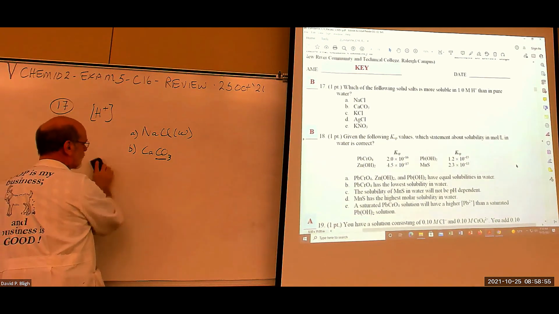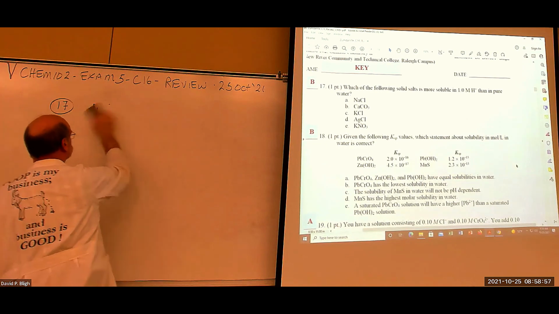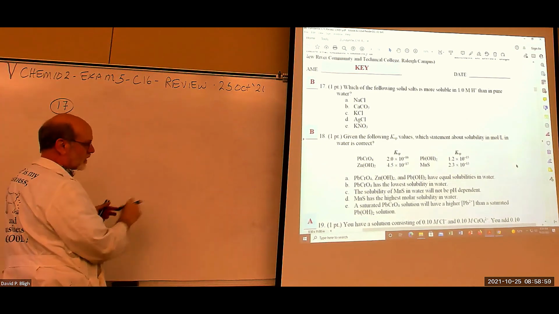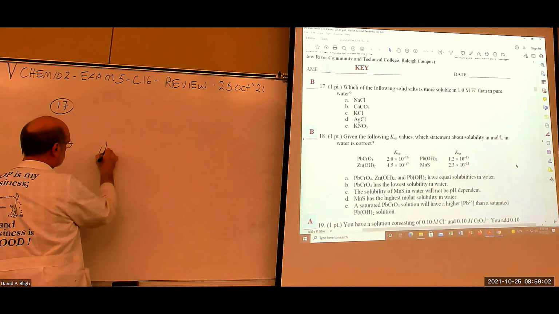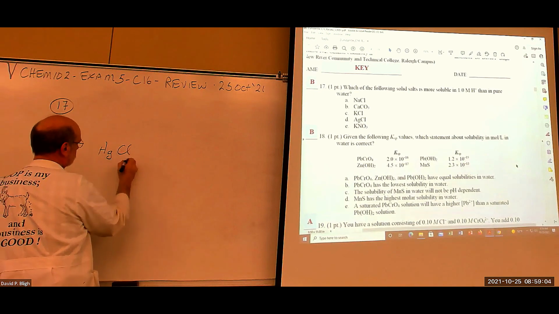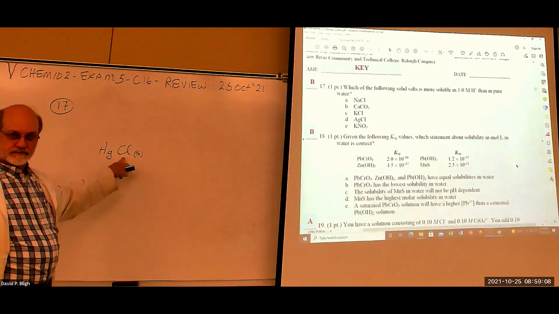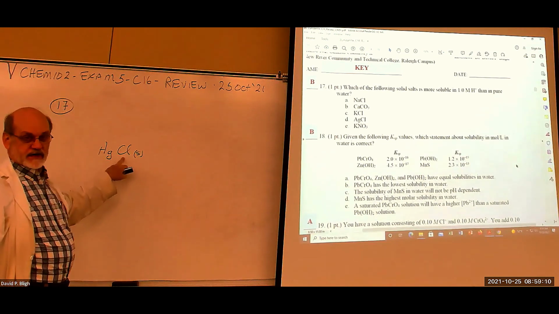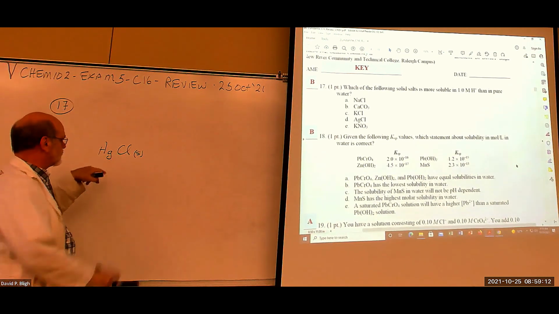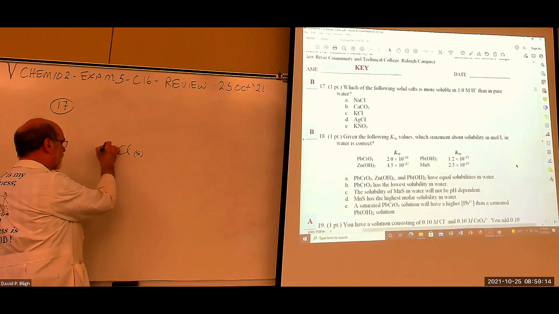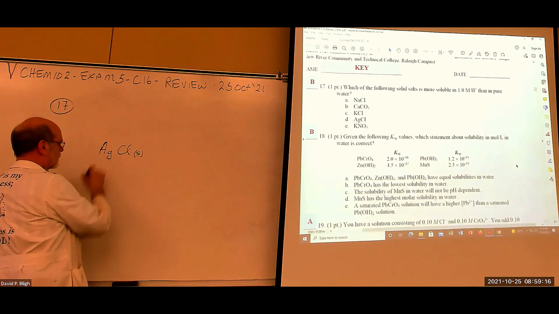Now, if you're trying to solubilize, I think one of our examples here was silver chloride. Acidification won't work because that's a weak base. So we have to approach the cation to get this one in solution.